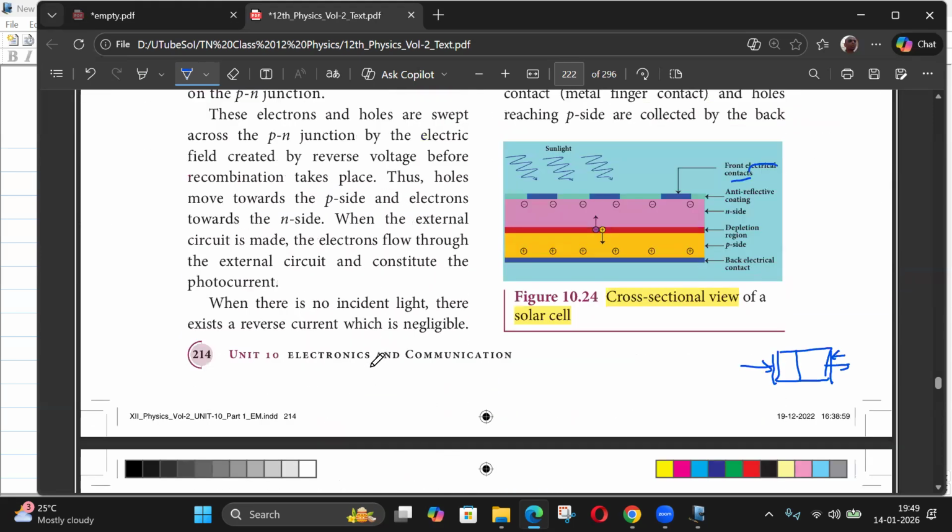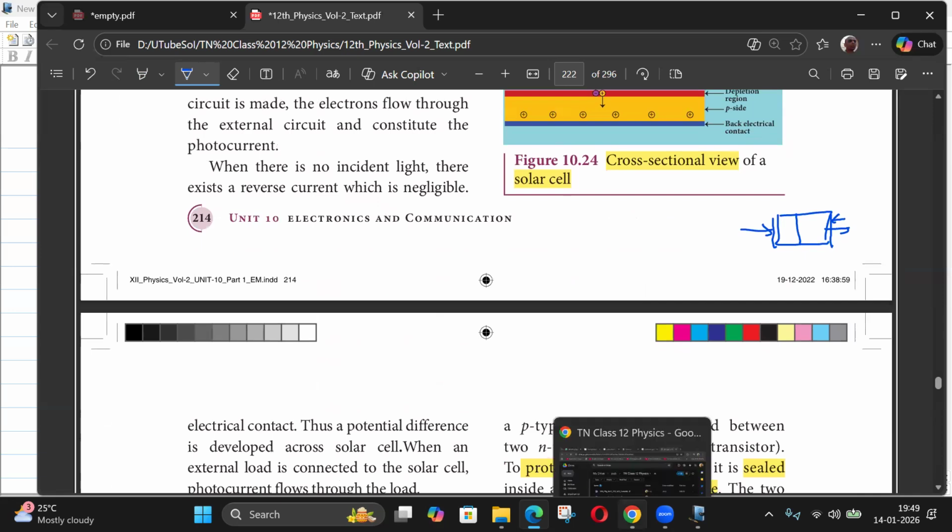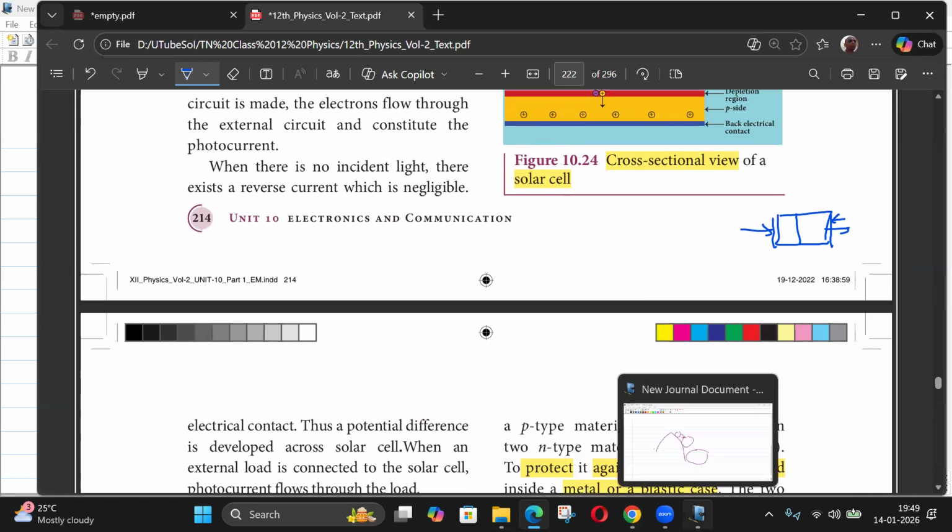Okay. So now diode means we have just one P type semiconductor and one N-type semiconductor. If you have a third block, which is P again, then this is a PNP transistor.